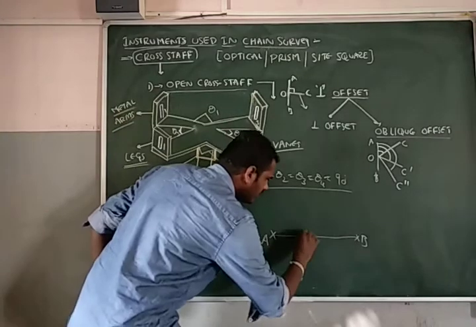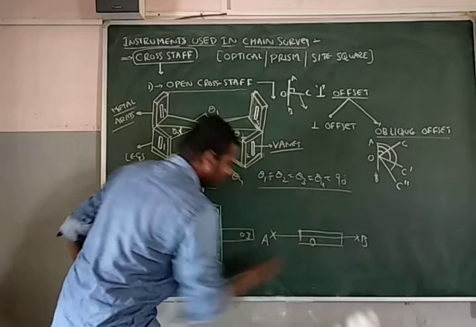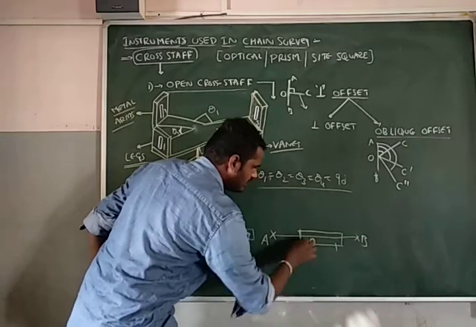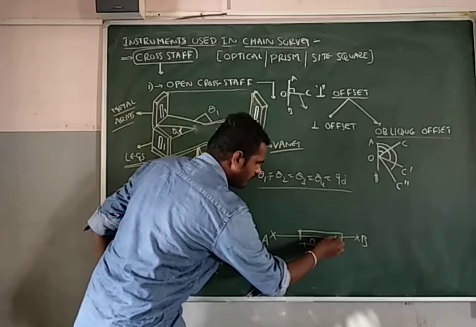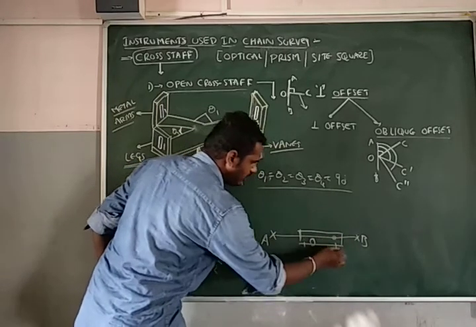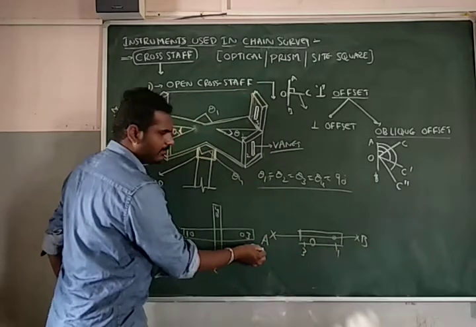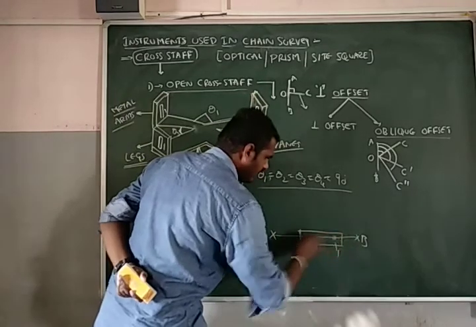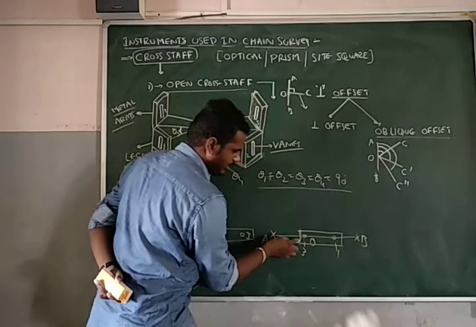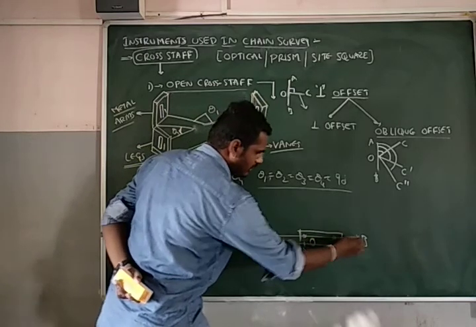This is your open cross staff. Two vanes are in the same line, so that if you observe point A, it should be visible from the first vane and the third vane. Then, if you observe from the third vane, the first vane and B are in the same line.